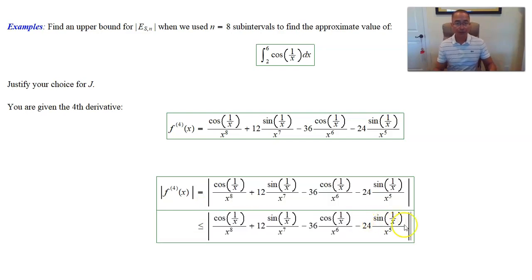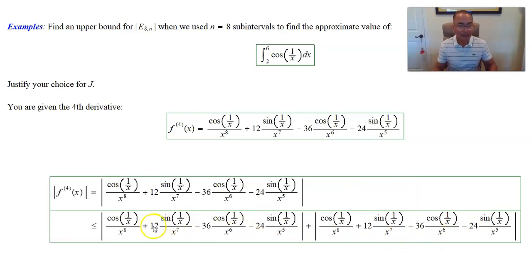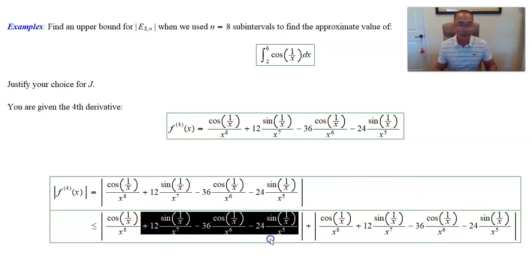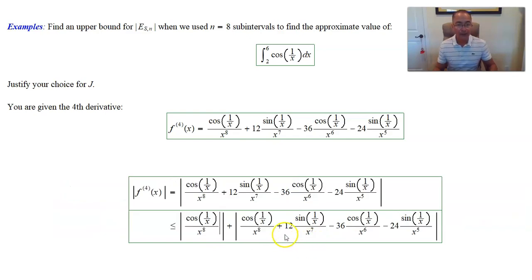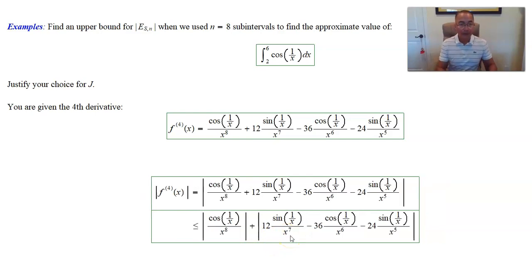Okay, so we will break this up into 4 pieces. So let me do it a little bit at a time. So the first one gets only the first term. The second one gets only the second term. But you know, to save some time, why don't I do this?